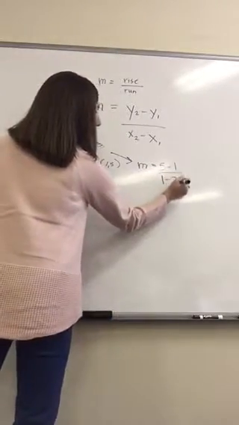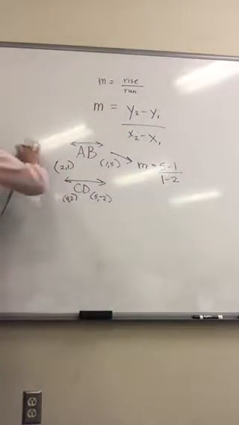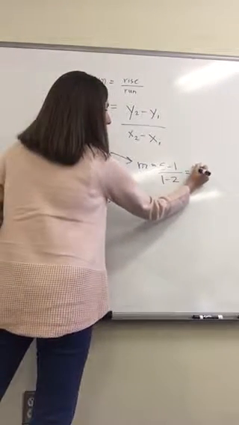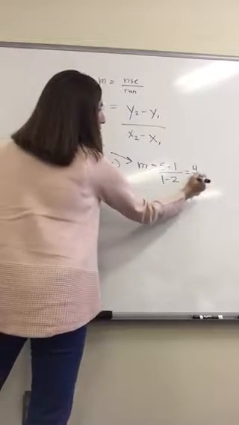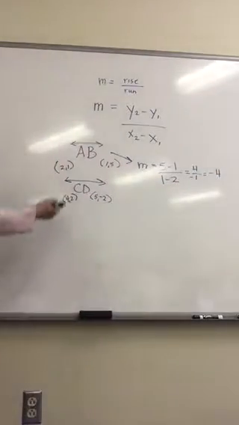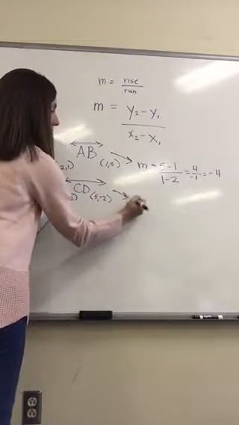Remember, I could have gone the other way. As long as I move in the same direction both times, I'm fine. So this slope is going to be 4 over 1 minus 2 is negative 1, or overall it's just a negative 4.